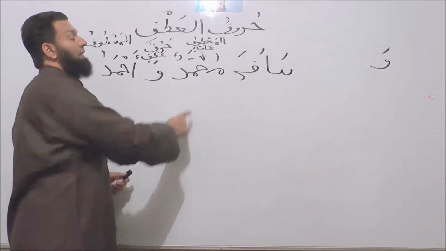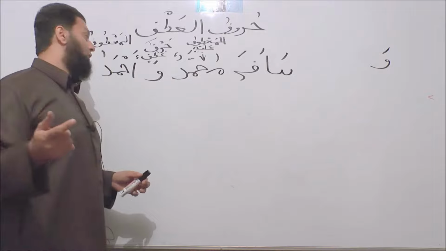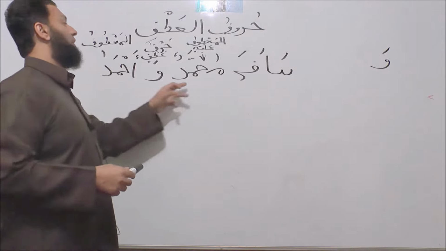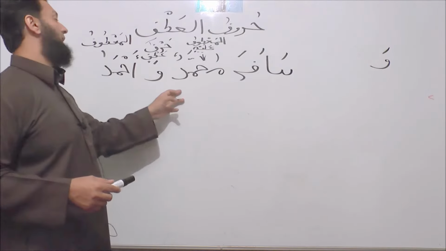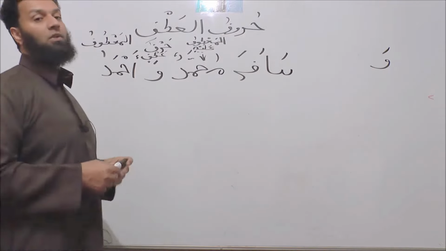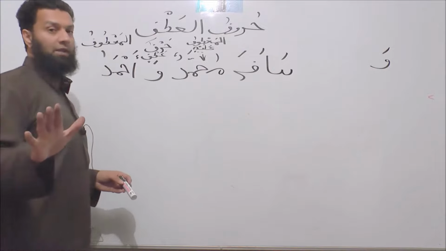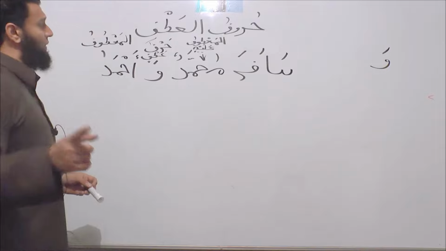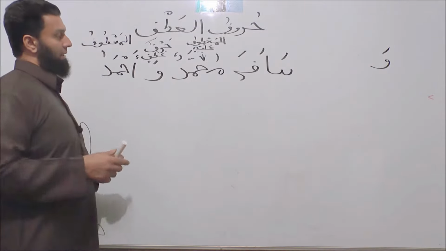So what is the grammatical state of Muhammadun? Marfu'un. So we say that this is al-ma'tufu ala marfu'in. It's connected back to that being marfu'un. Therefore Ahmadu too is marfu'un. Right? فهمت يا محمد؟ نعم. So that is in the marfu'un state.